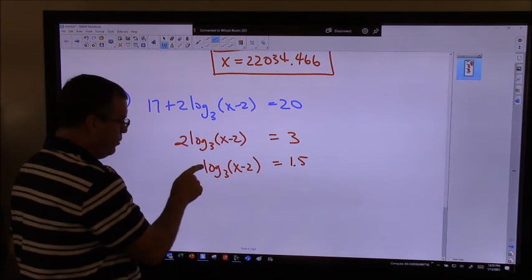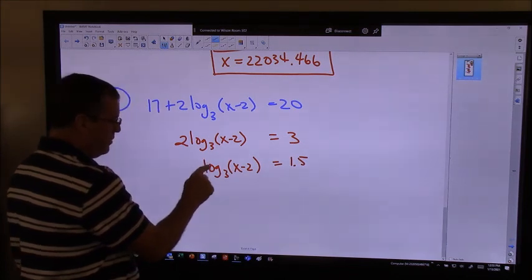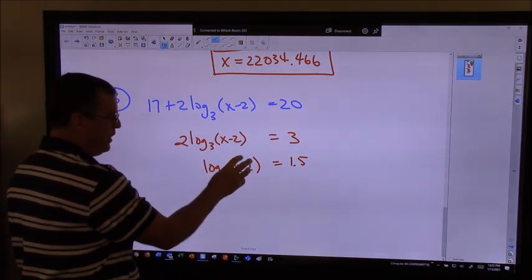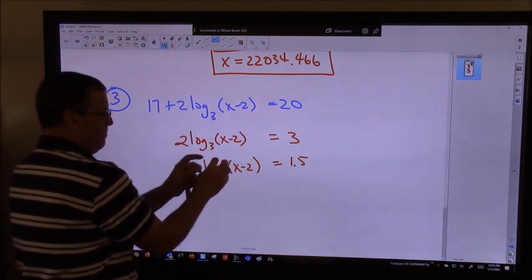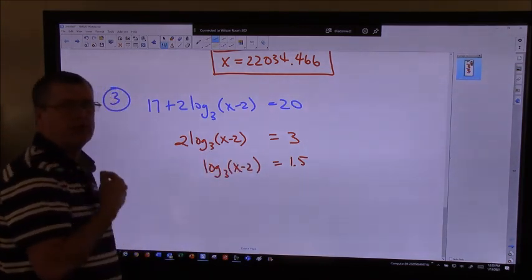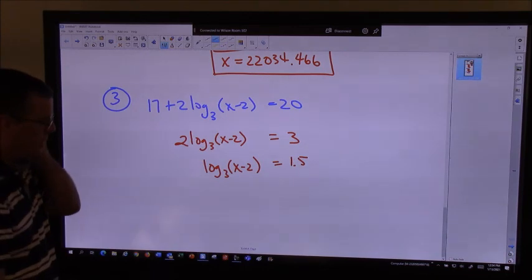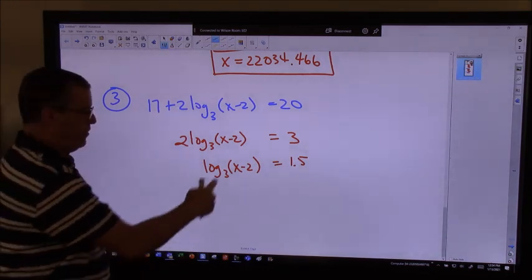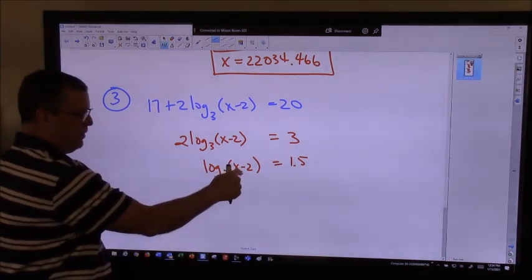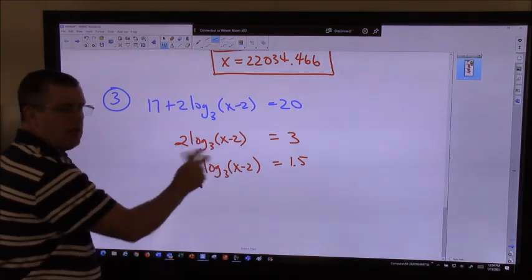We can't do that. We're supposed to take the log base 3 of this thing right here. The only way I can pull this stuff apart is to convert it to exponential form. I can't just pluck something out from inside these parentheses because I'm supposed to do the log of that.